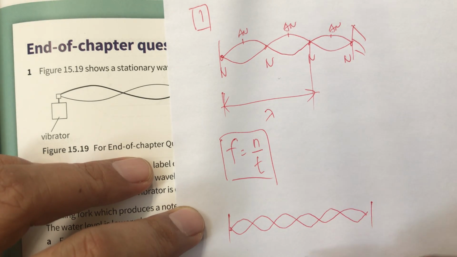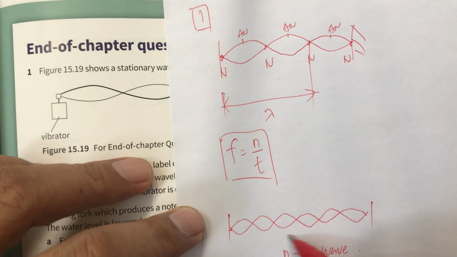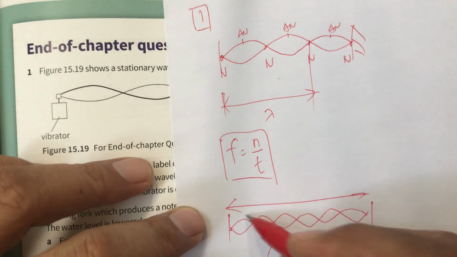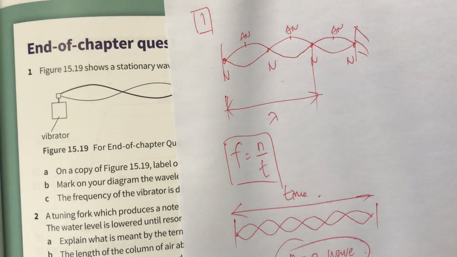We have n equals 3 here, 3 waves in that time.